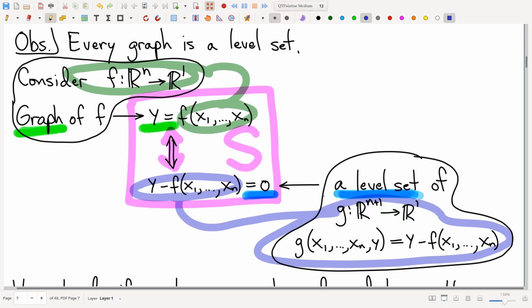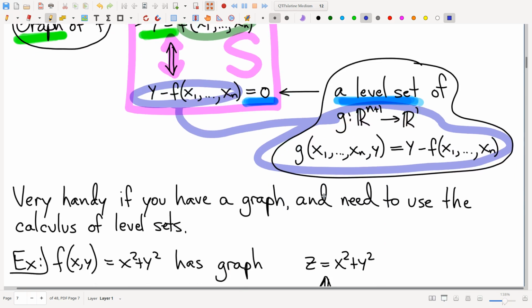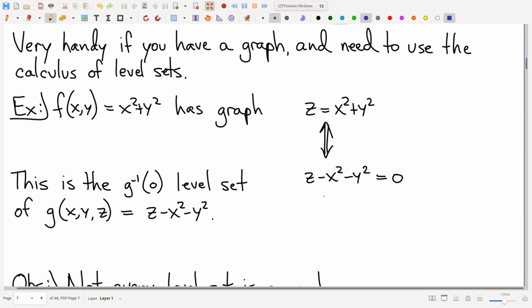And why we like this is because sometimes, even if what comes to you comes to you as a graph, you might want to be able to use the calculus of level sets. Calculus of level sets is pretty awesome. There are some pretty cool tricks about level sets. So this is a way to convert the question into a different form, and then you'll have a completely different set of tools available to you.